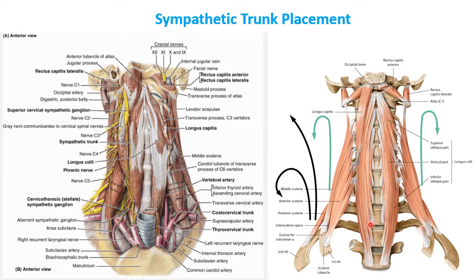Anterior to these prevertebral muscles, especially the longus capitis and the longus colli, is present the carotid sheath. And in between these prevertebral muscles and the carotid sheath is present the cervical sympathetic ganglia.